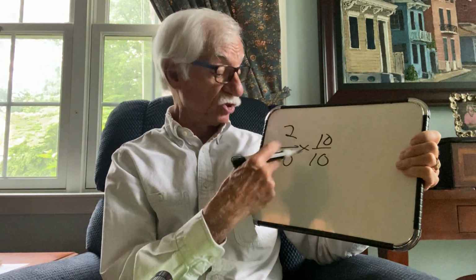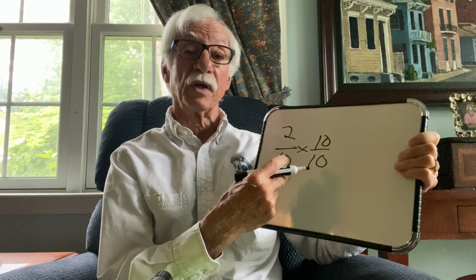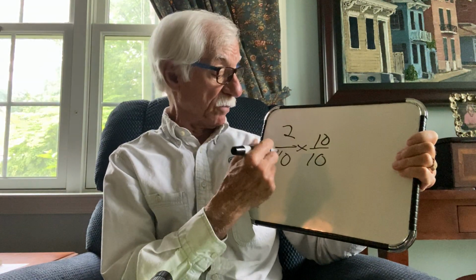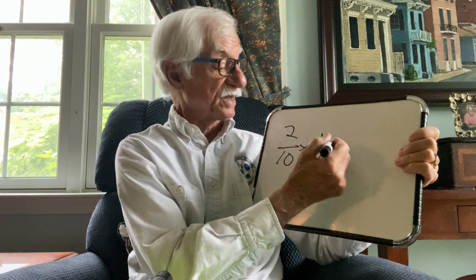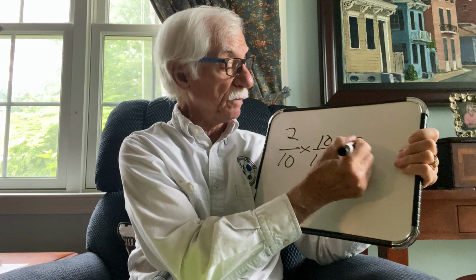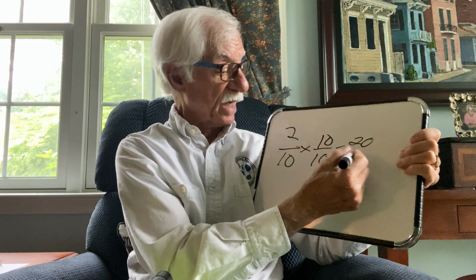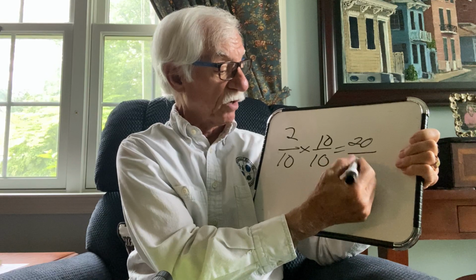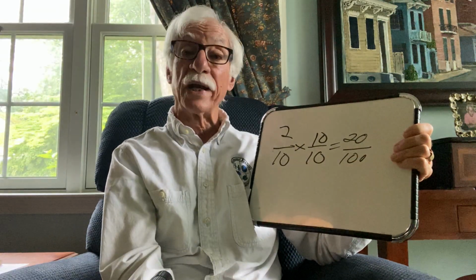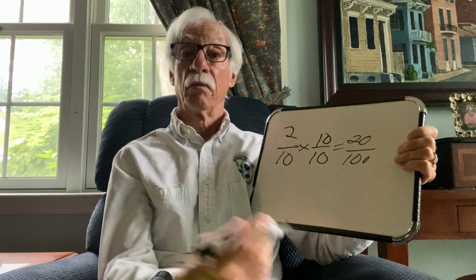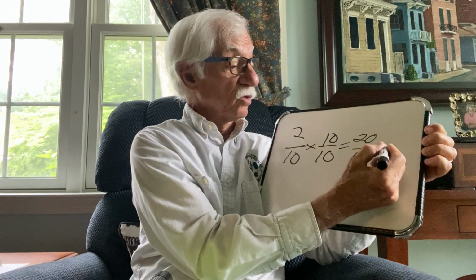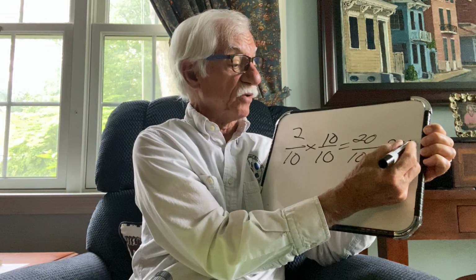I can change the number without changing the value of the number. So 2 times 10 equals 20. 10 times 10 in the denominator equals 100. So now I've got 20 100ths. I've got a percent. 20 100ths is 20%.